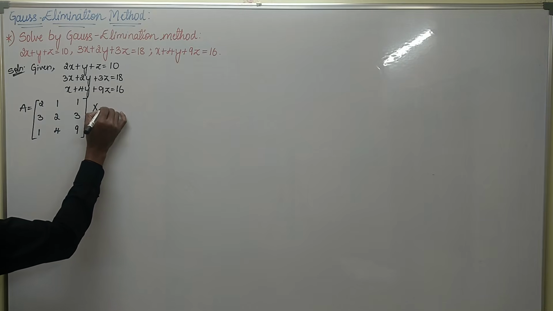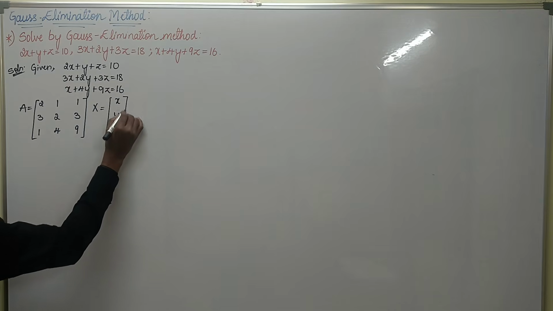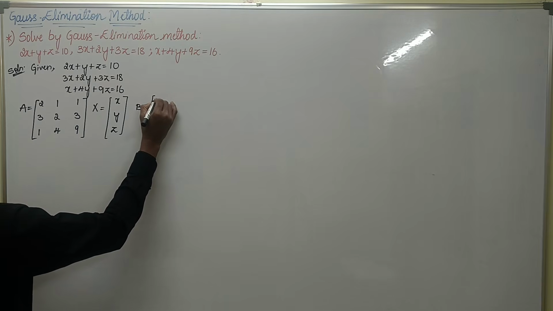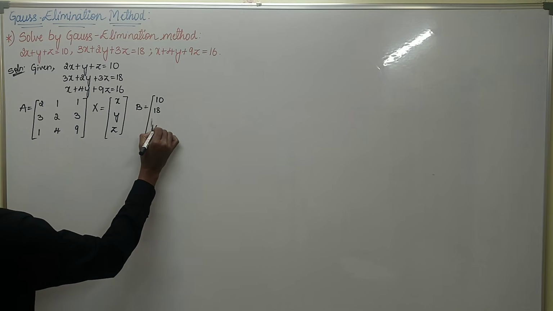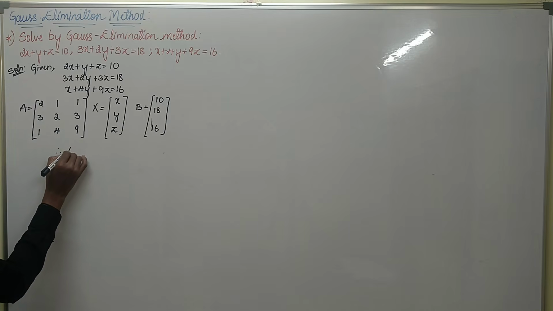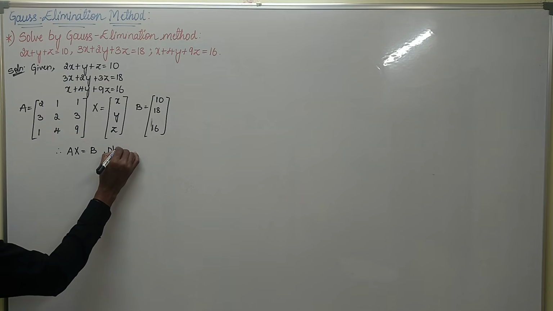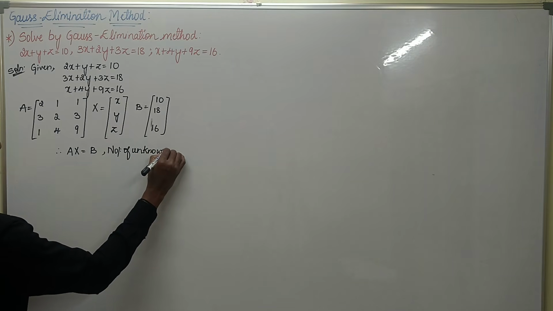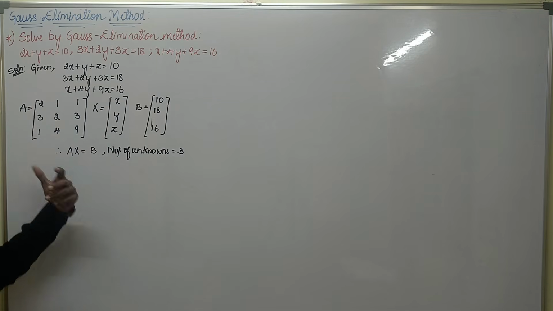Then the unknowns we can represent as x, y and z, and the constants are represented by capital B, which is equal to 10, 18 and 16. These are the constants.